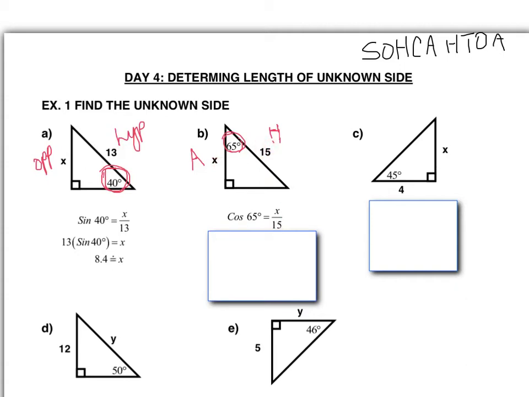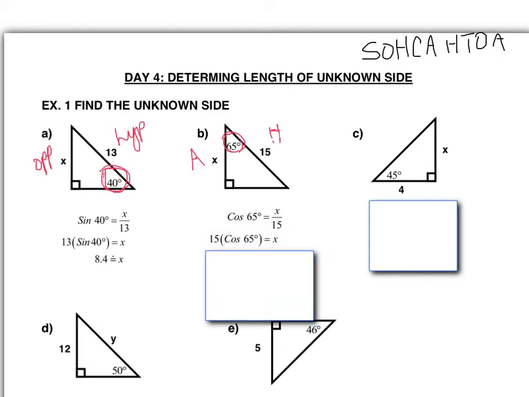And then again, rearrange, so that 15 is going to come to the other side and get multiplied with the cos of 65. And then you're going to punch that in on your calculator, so you'll go 15 times cos 65 degrees. You don't have to put in the degrees on your calculator. And you'll get 6.3. And then you're done.